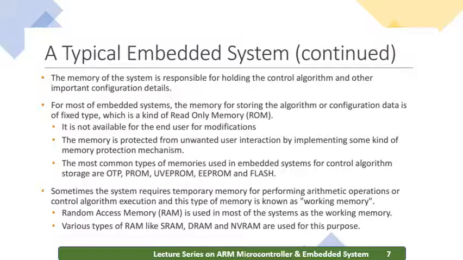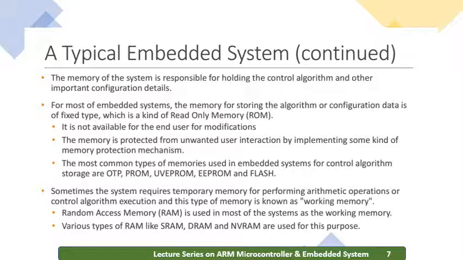So the typical embedded system we have seen will have a memory. The memory of the system is responsible for holding the control algorithm and other important configuration details. So it will be storing the data used for the next purpose. In an embedded system, the memory for storing the algorithm or configuration data is of fixed type.